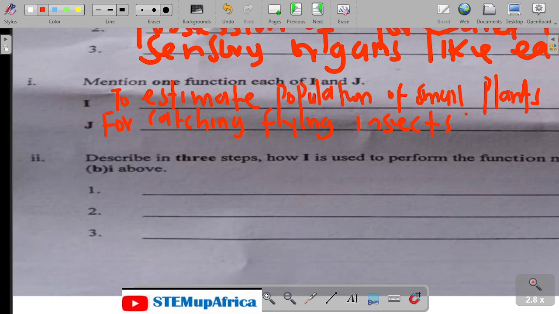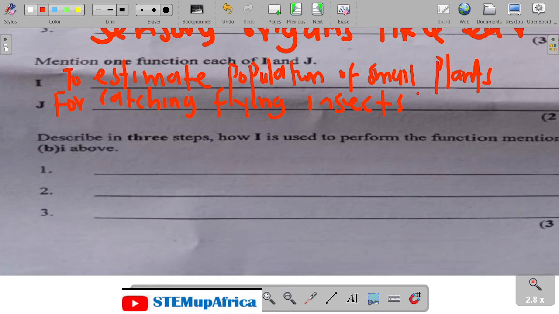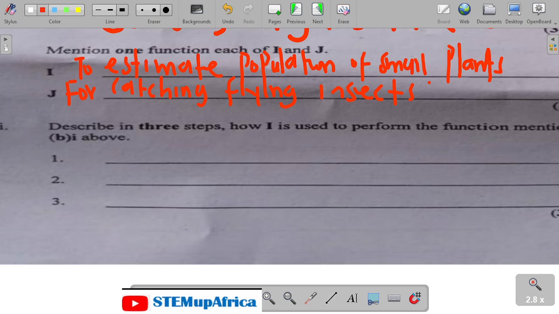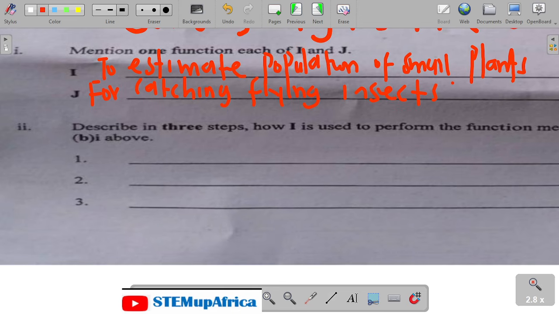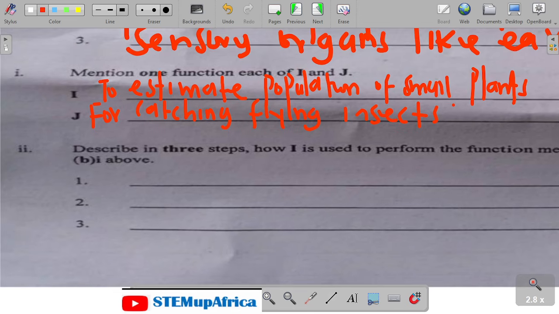Now, Roman figure 2 of that, describe in 3 steps how I is used to perform the function listed in Roman figure 1. One, place the quadrant randomly on a specific area.